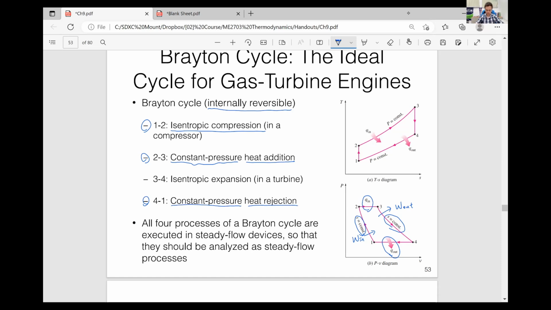So this is one more difference when compared with the diesel cycle. Between the diesel cycle and Otto cycle, the only difference is we replace the constant volume heat addition process with a constant pressure heat addition process.